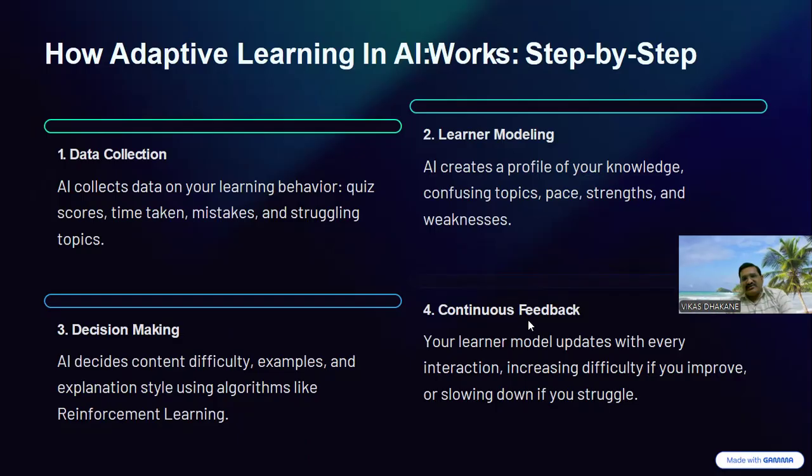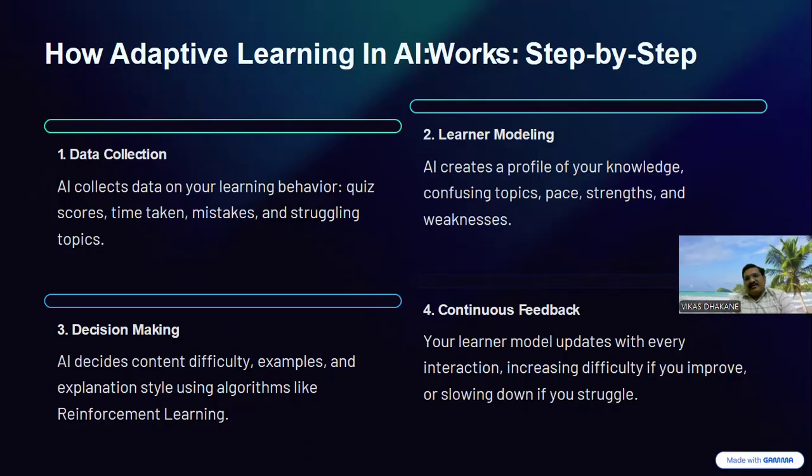And the last step is continuous feedback. As I said, on the basis of your previous performance, the AI system updates its model with every interaction. And if your previous performance is good, the AI system can update its model with increased difficulty if you improve, or slow down if you struggle.